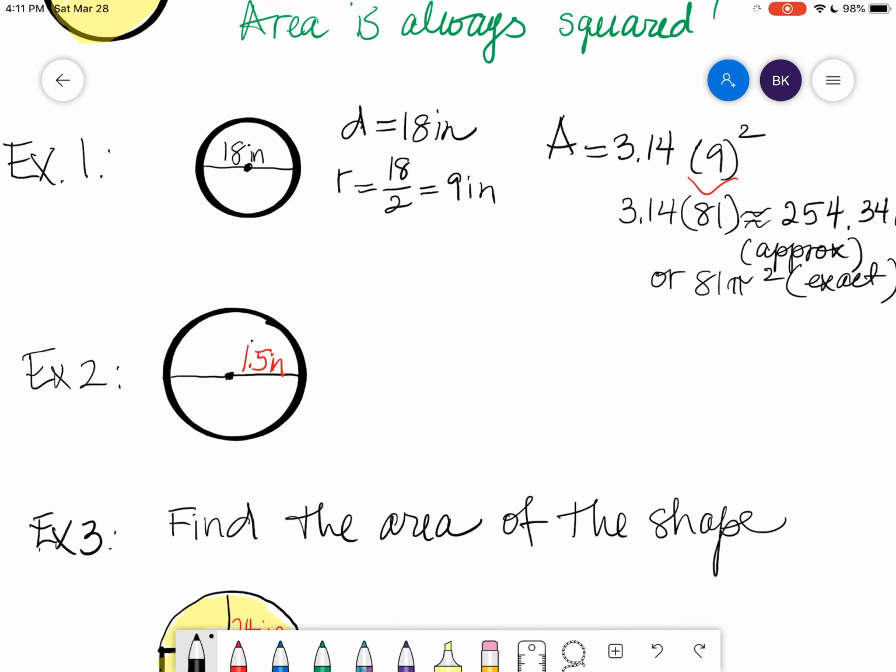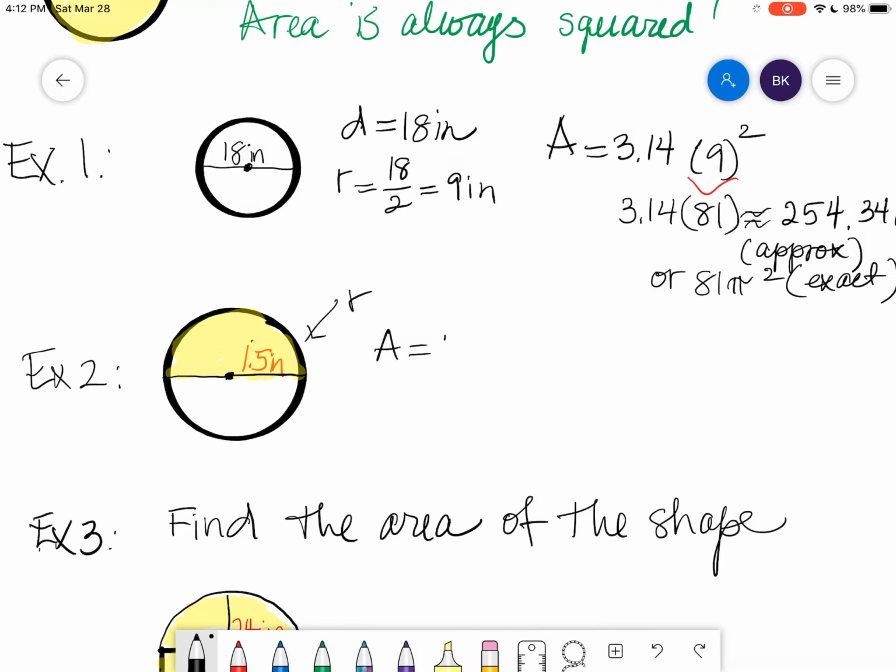In the second example, we have 1.5 inches, and in this case, this is going to be a radius given to us. I'm going to ask you to find the area of the shaded region, which is half the circle, or semicircle. Since the radius is 1.5, I'm going to plug things into the formula.